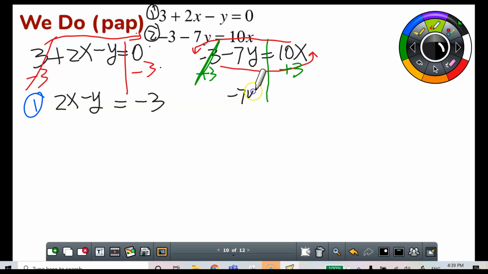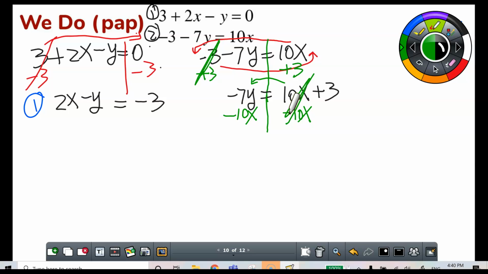And let's write the first step. So I have -7y equals 10x plus 3, right? And you want to move the 10x to the other side by subtracting 10x. So this is gone. Okay?